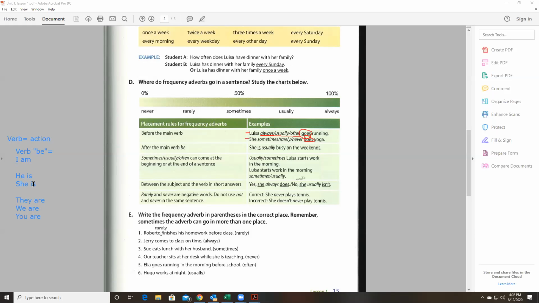So am, is, and are are your verbs to be. So after your main verb, for example, right here you have she and you have is. So you know that if you're going to use a frequency adverb, your adverb has to go after. Am I hitting the wrong one? It's possible. You know you have a verb to be right here. So you know that your frequency adverb has to go after.